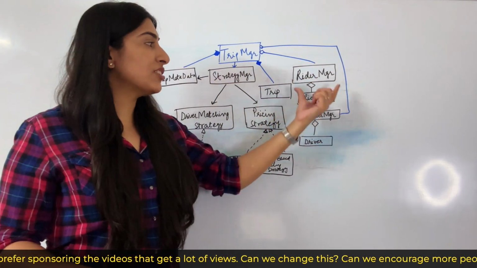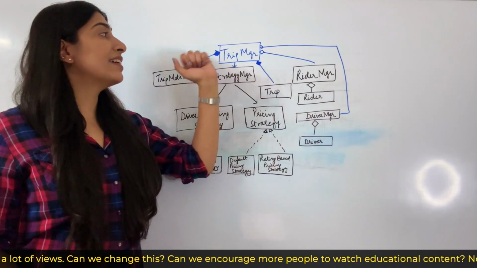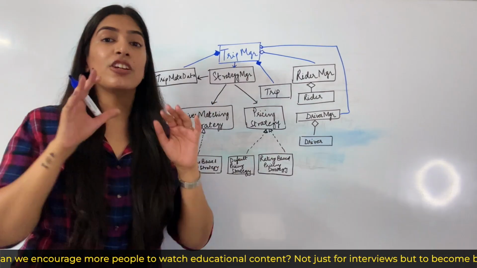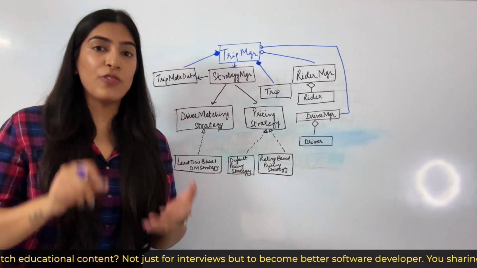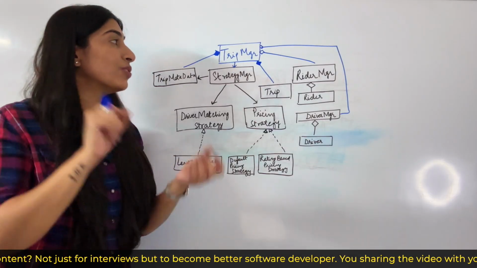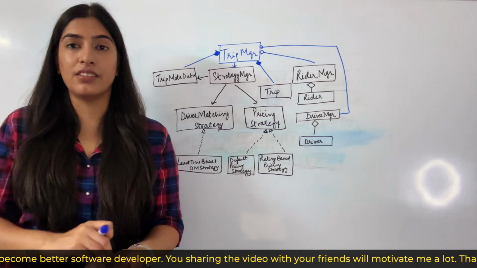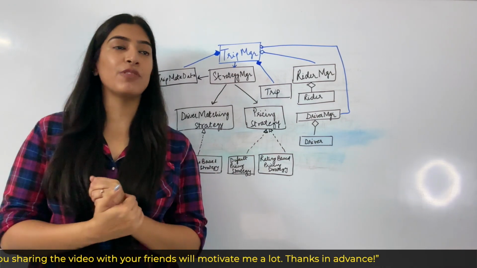Just like rider manager had a map of riders and driver manager had a map of drivers, trip manager is going to have a map of trips and trip metadata. You will see the detailed UML diagram and the code, so just bear with me. But for now, I hope you can understand that I want only one instance to take care of all the trips and all the trip metadata. I think we are ready to dive into the code. Just one quick thing to discuss before we do that.